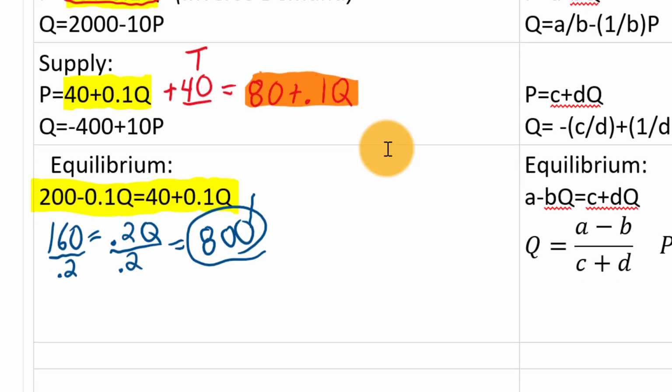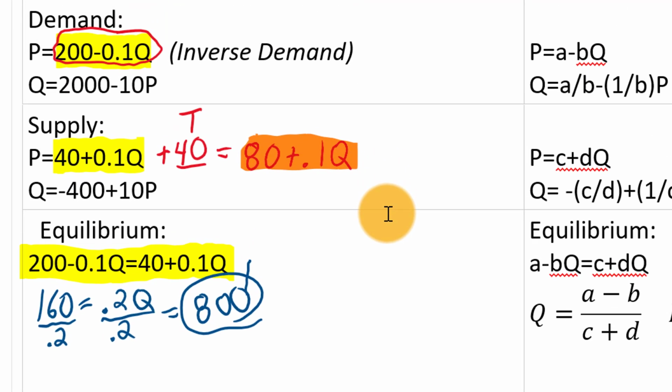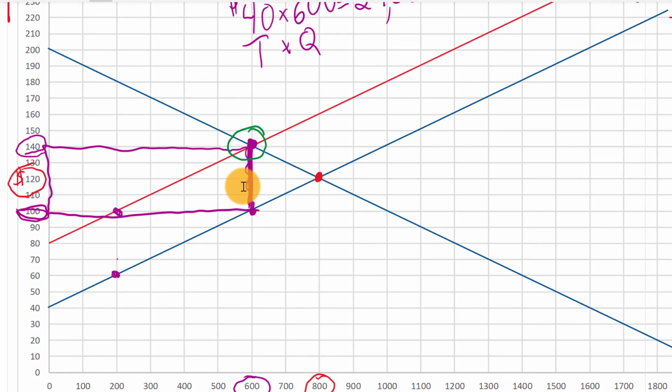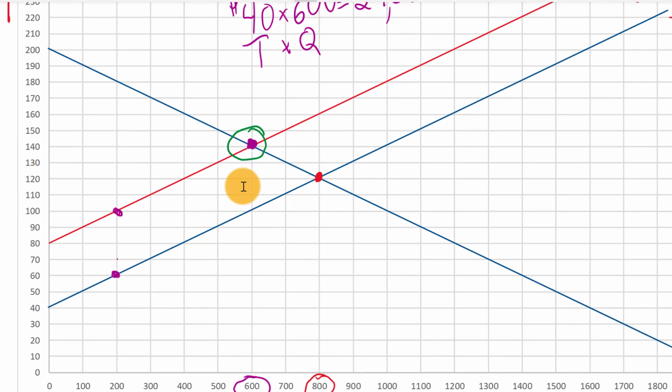Okay? Now this leads me into the interesting part. The interesting part is I asked myself, I wonder if we had a market like this, what tax level would it be that maximized the tax revenue?